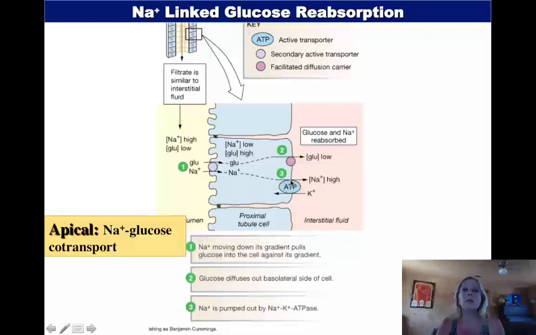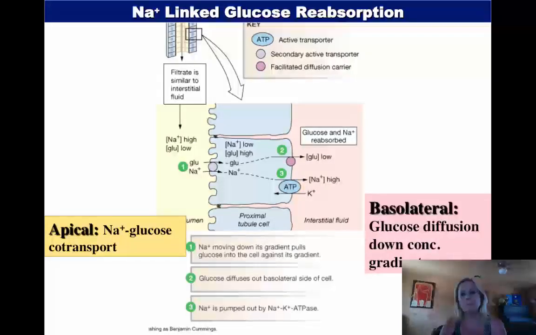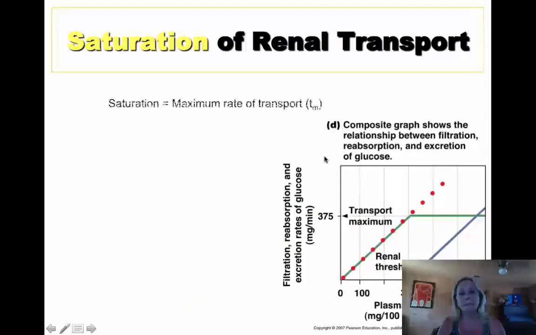And then glucose is going to basically piggyback with sodium and move across active transport with sodium back into the peritubular capillaries. So apical surface, this is co-transport with sodium. Basolateral surface, the glucose is using the movement of sodium to get back into the peritubular capillaries.